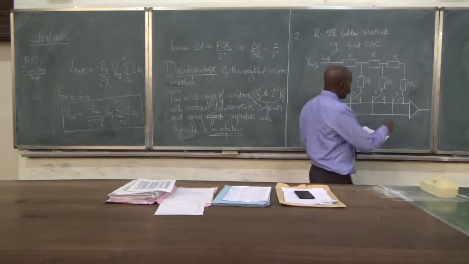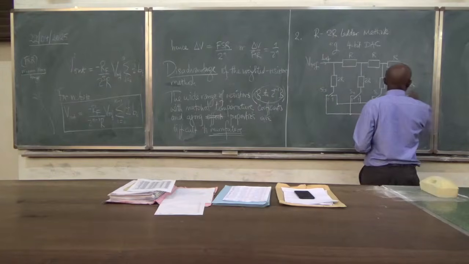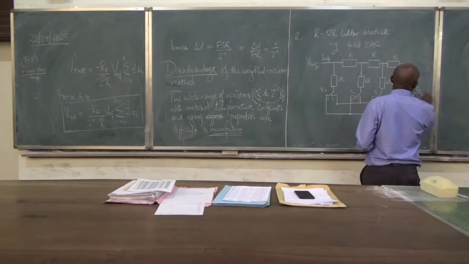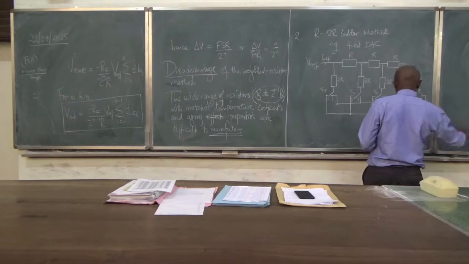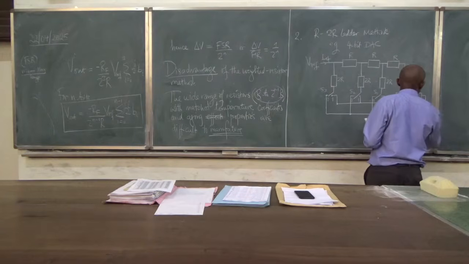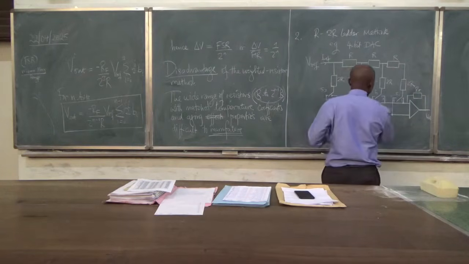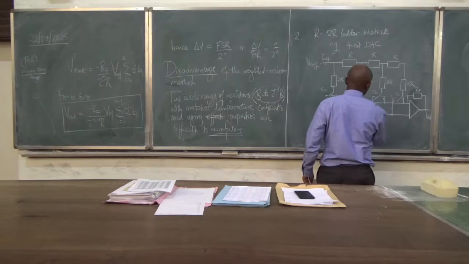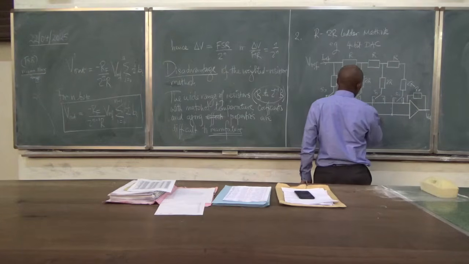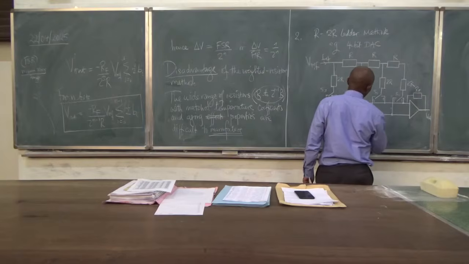And then we have this other part with the RF, the feedback resistor, giving us the V out. And this whole line here, since it is bit 0, is grounded.